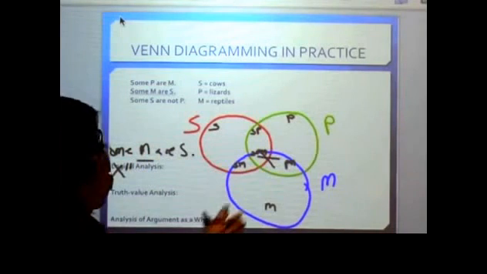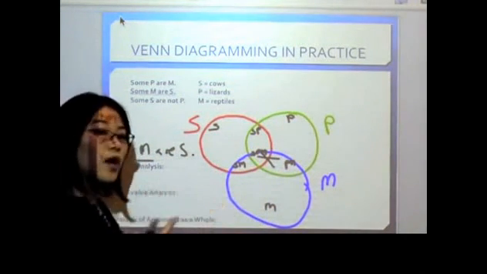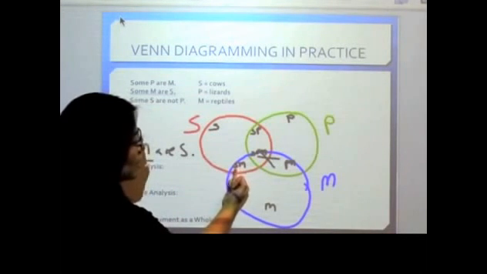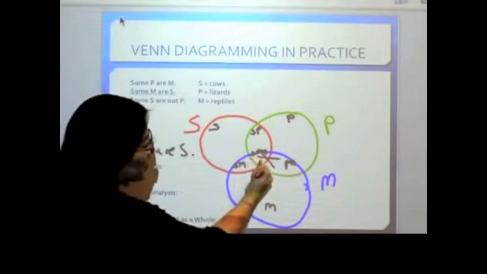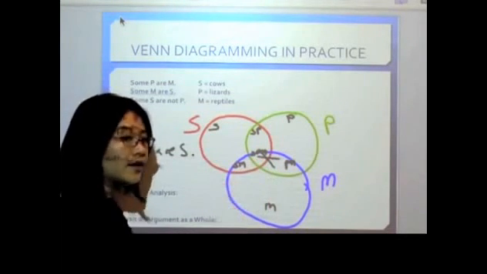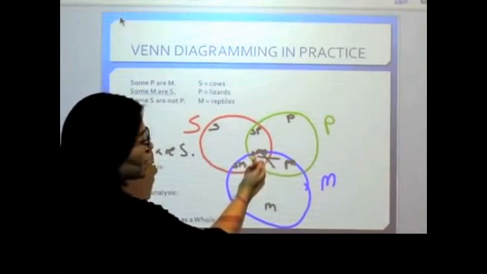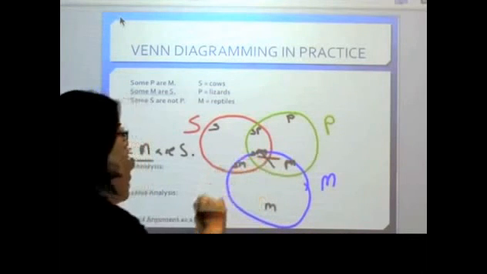Okay? So we look at this area here, and notice we have two possibilities. Here's an area inside the M circle that is an M and an S. And in this middle area here, it's not shaded away, so it's still a possible area. We have things that are S, P, and M's, which are also things that are S's and M's.